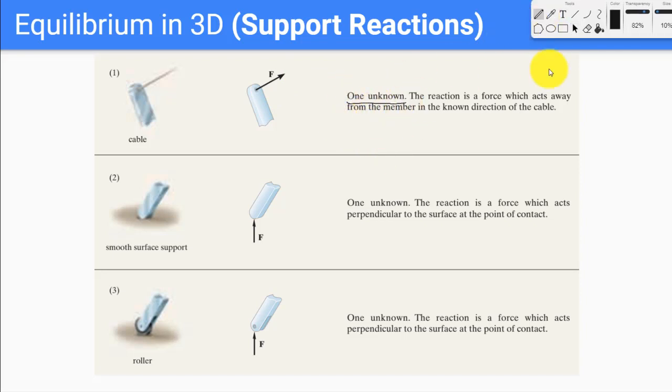And if we have a smooth surface support, this surface would provide a support which is perpendicular to the surface. So we have a force here. If we have a roller, that is exactly similar to the smooth surface support, and we get a force which is perpendicular to the surface.